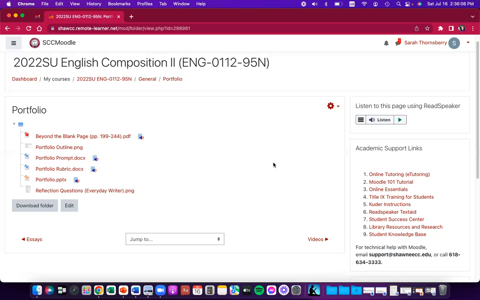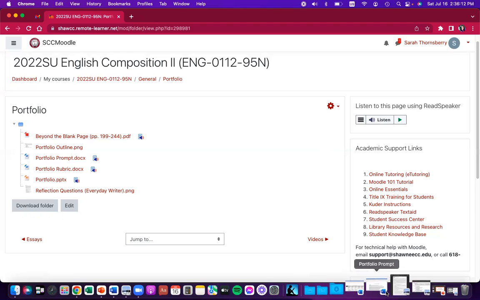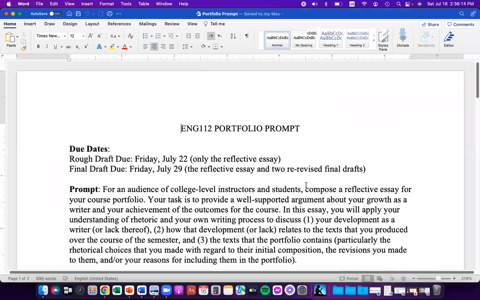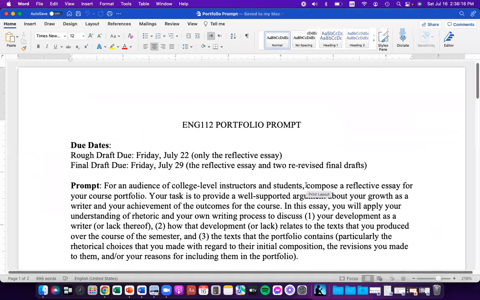So first of all, there are going to be 3 items that you turn in to me. Go ahead and pull up the prompt. There are going to be 3 items that you will turn in to me by July 29th, the very last day of the semester.